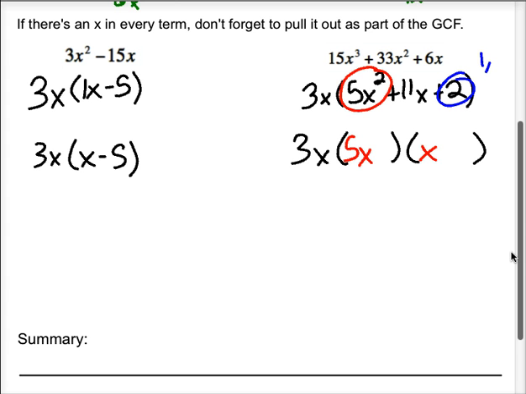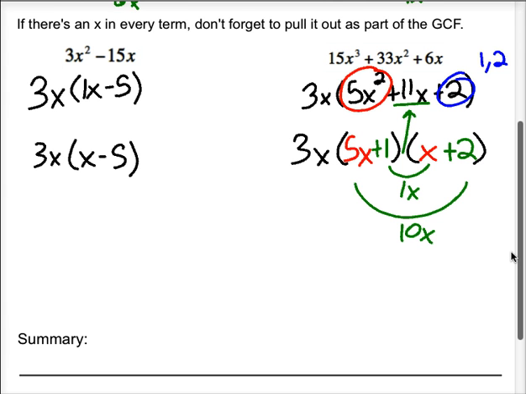Then 2, well, the only combination is 1 and 2. So let's plop it in, see if we can get 11x. So here's 1x, 10x, and yes, 1 and 10 does give me that 11x that I'm looking for, so I know that that's the end. I know that that's my answer.